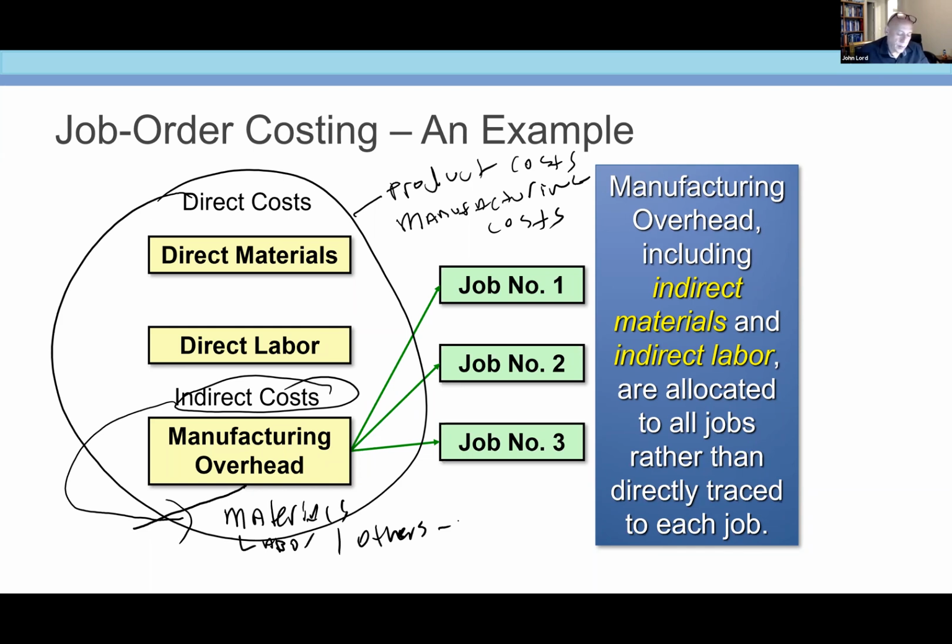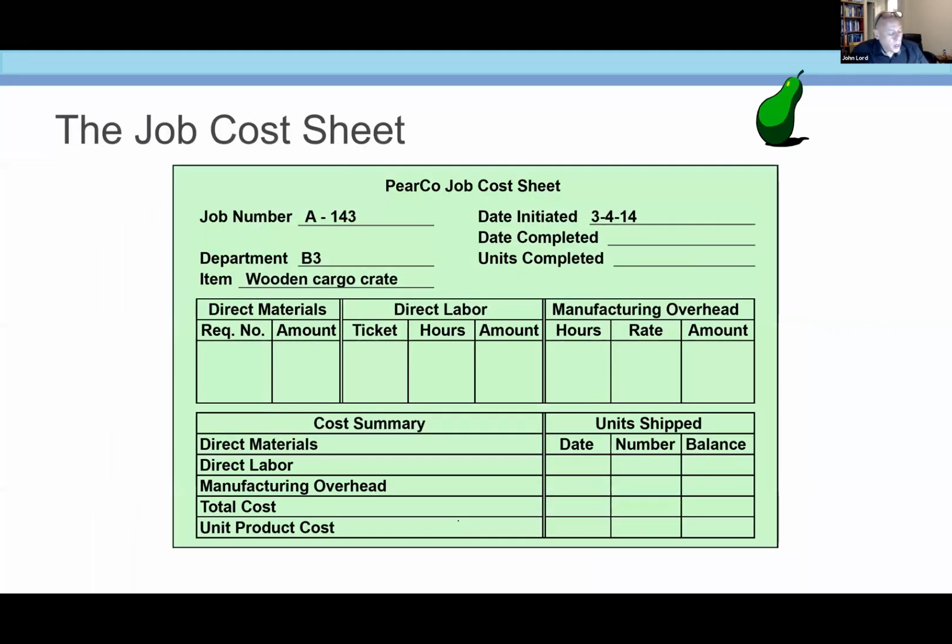We remembered a lot of the important points from last time, so that's great. Any question on that before we move into the mechanics of this job order cost sheet? Okay, all right. So, this is just showing us how we would gather our costs for particular jobs.